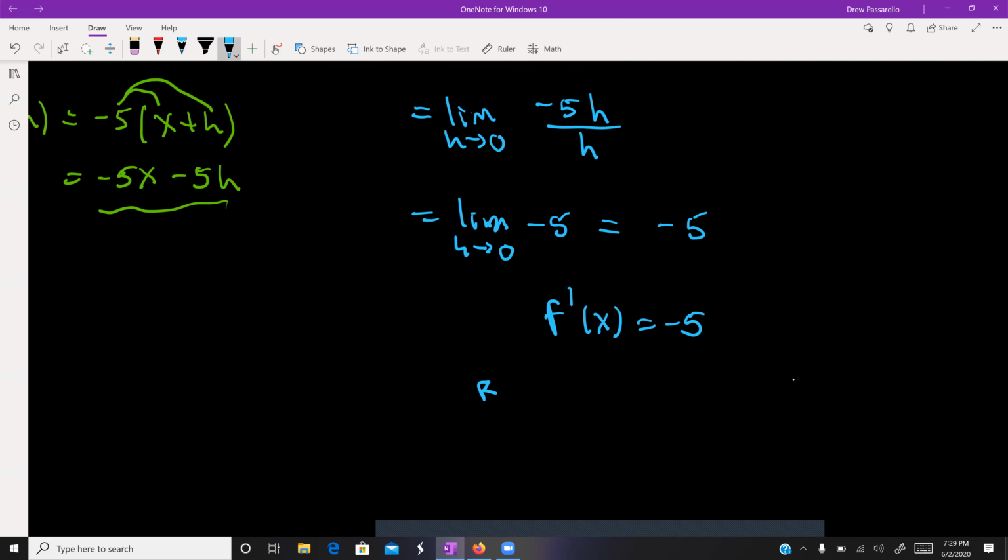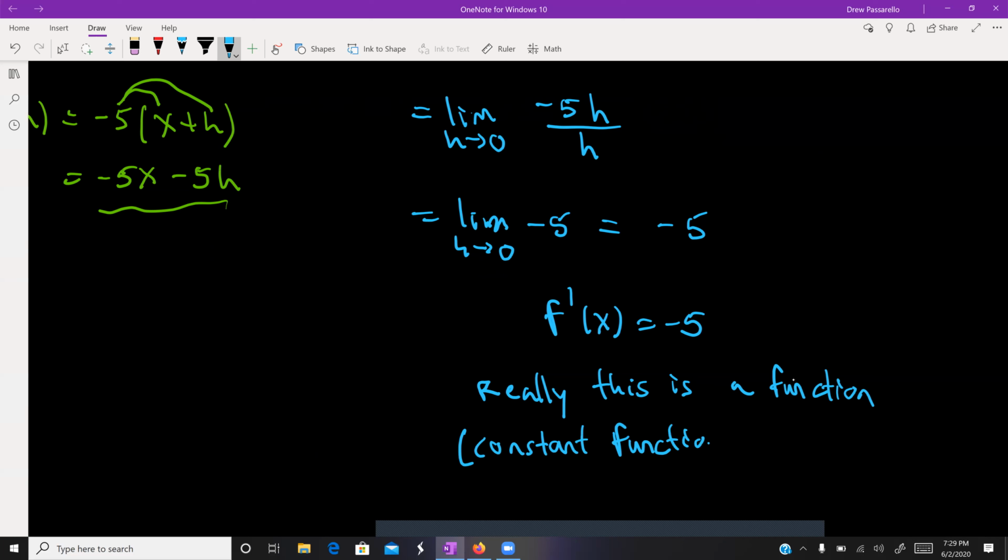So really, this is a function. It's called the constant function. It's always -5. So that is what the derivative is.